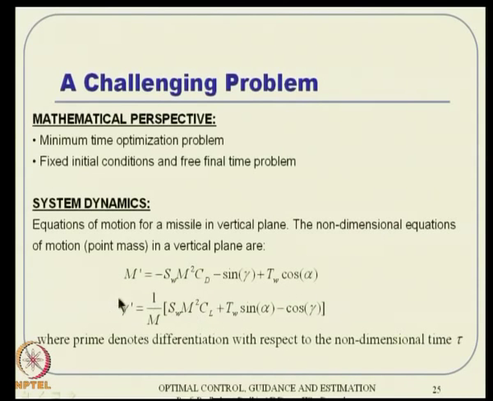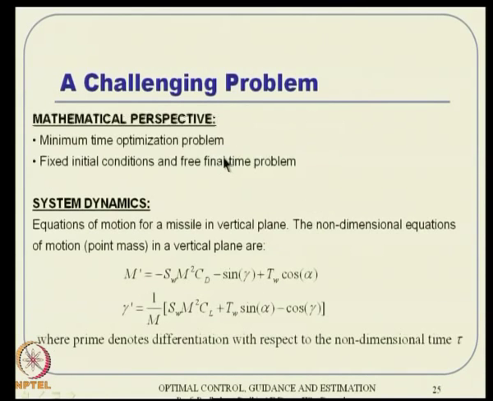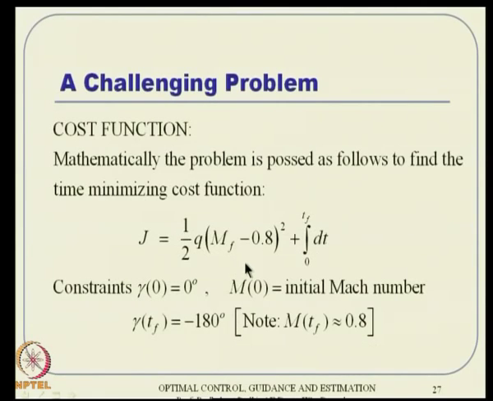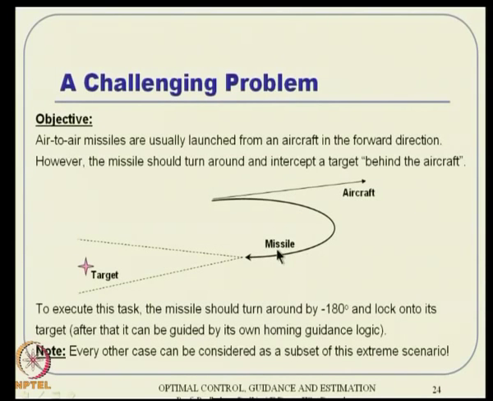These are derivatives with respect to tau, where tau is normalized like this, and TW is thrust by weight, that's a kind of normalized thrust. SW is like this, and Mach number is by definition the normalized velocity of the vehicle divided by sound velocity. So using these variables, you have this system dynamics, and then our objective is to minimize the time taken, that is, minimize TF minus T0.